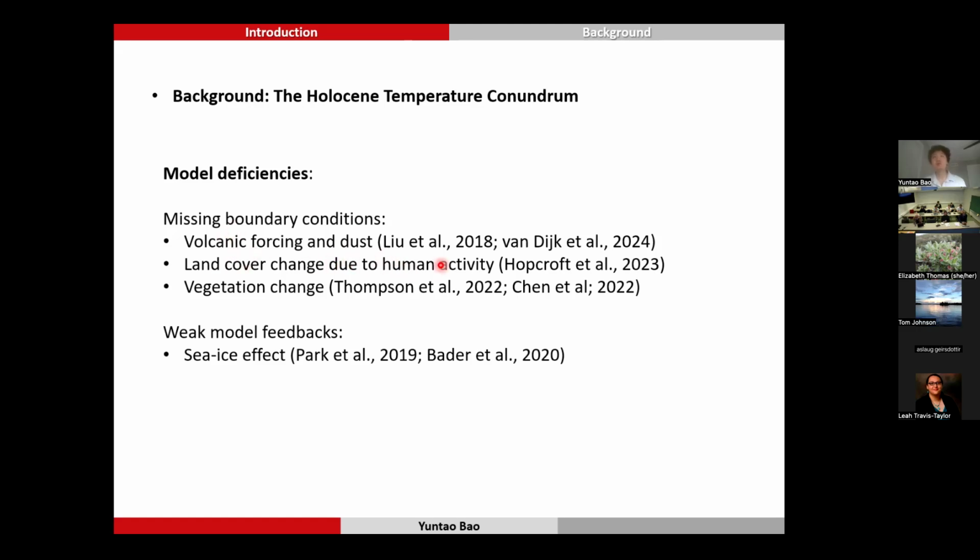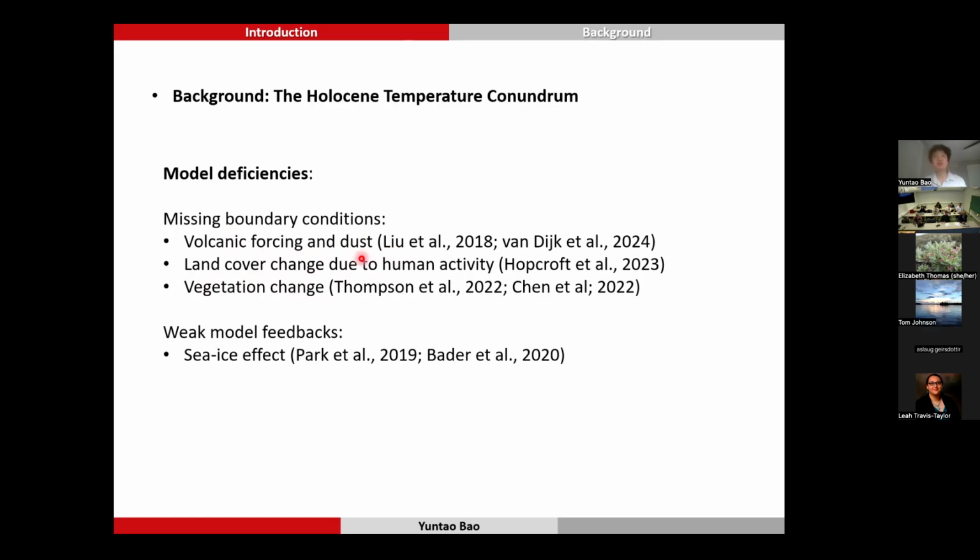So that will also change the temperature over land. Another one is the vegetation change, because during the late Holocene the vegetation tended to decrease, and that will also, through albedo or evaporation effects, change the temperature.